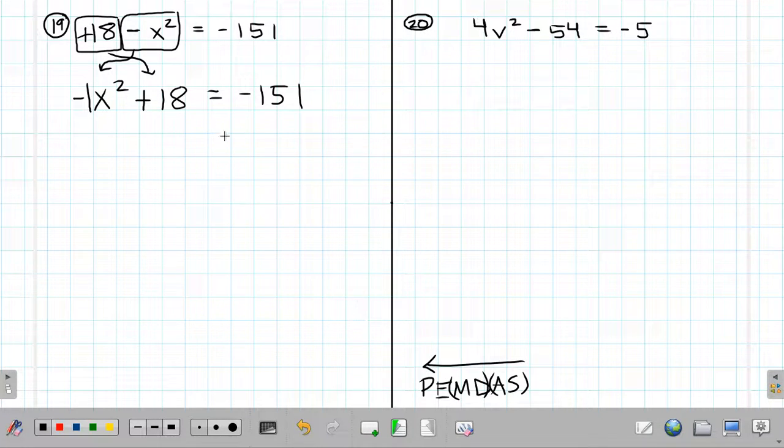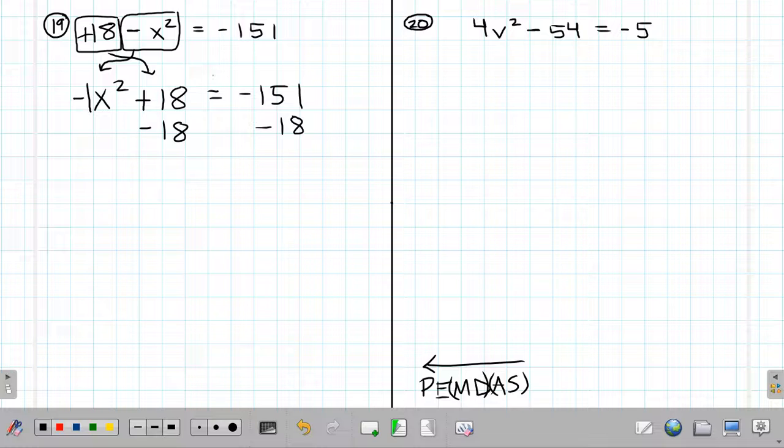PEMDAS tells us we need to square x first, then multiply times -1, then add 18, okay, in our equation. So that means solving the equation, we need to subtract 18, divide by -1, take the square root. So let's do it in that order.